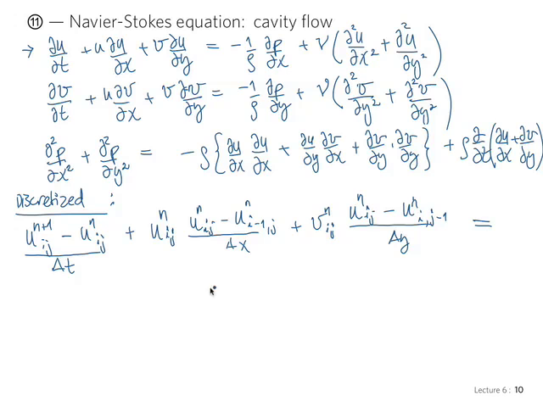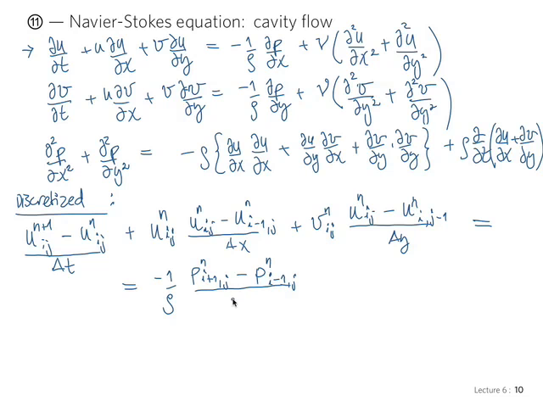So we've got all the terms of the left hand side, and we need to have minus 1 over rho, the pressure term. For the pressure term, we're going to use a center difference, p^n_i+1,j minus p_i-1,j.